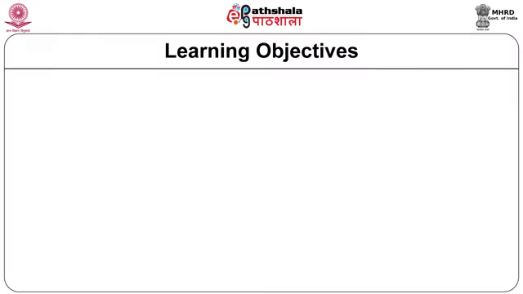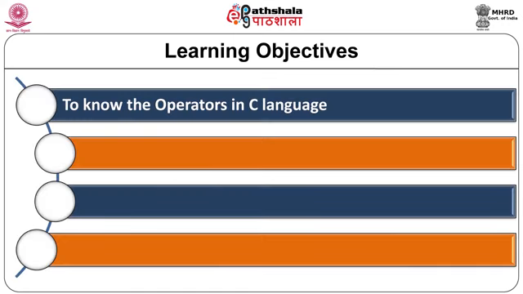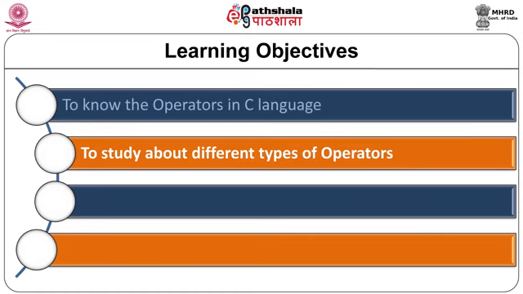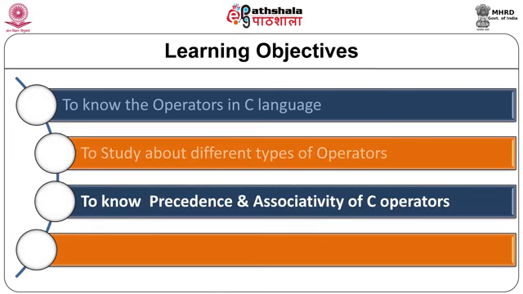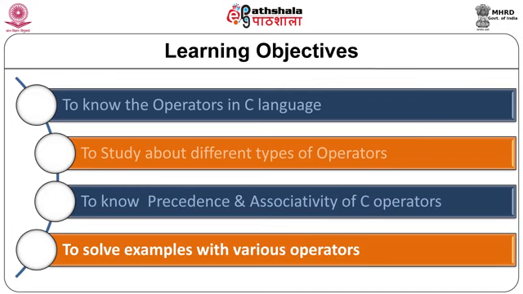Learning objectives of this module are to know various operators in C language, to study different types of operators, to know precedence and associativity of C operators, to solve examples using various operators.